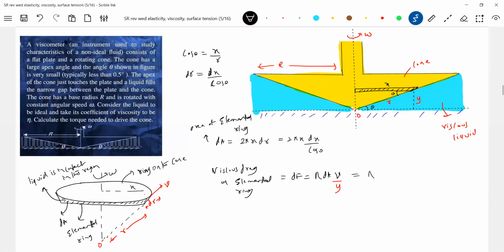This will be eta, dA will be 2 pi x dx cos theta, V is x omega, and this is Y. We don't know Y; Y should be eliminated. Shall I bring Y in terms of x? Tan theta equals Y by x. So Y equals x tan theta.